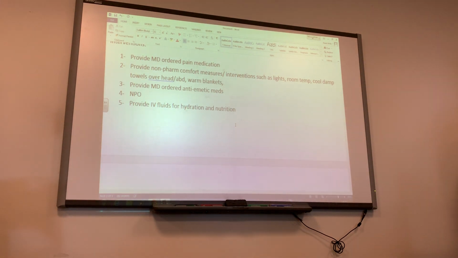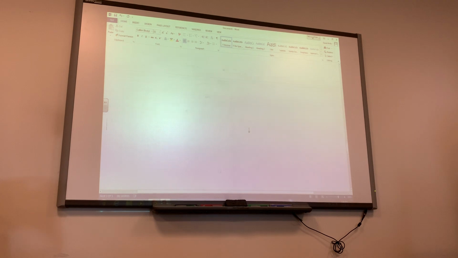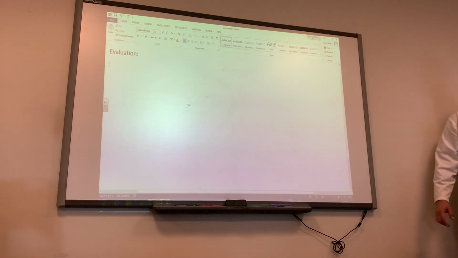Any questions on this? When we go to evaluation, remember when I said it was goal met, goal not met? Okay. So the patient, you did everything, and after 1 hour, the patient's pain is 3 out of 10. Goal met, period. And that's it for now. Goal met, period.